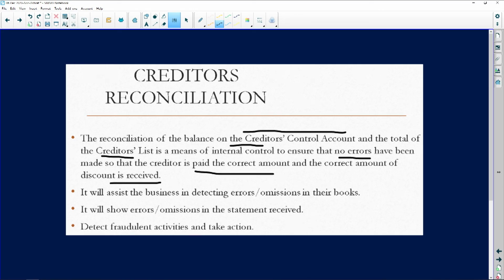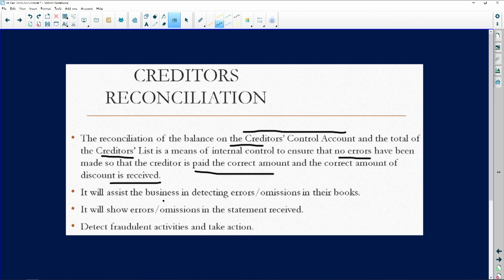Remember, if we settle our accounts timeously, then obviously we'll be entitled to claim that discount. But if we don't do that because of an error, then certainly we will not be entitled to that discount because we're not settling the account timeously. It will also assist the business in detecting errors or omissions in our books.